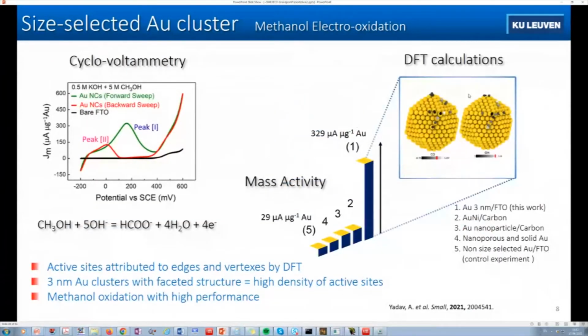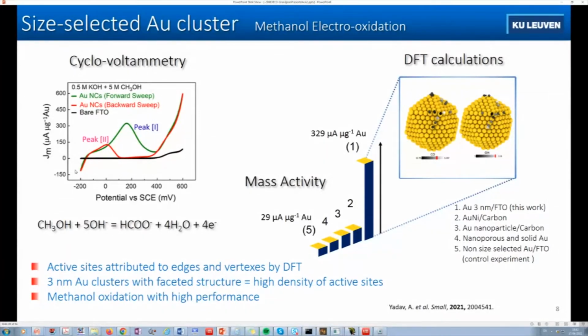So we made this new electrode with this, and Anupam studied them in cyclic voltammetry. And I didn't expect that, but these samples have much higher activity than the typical gold nanoparticle. So this is the CV.